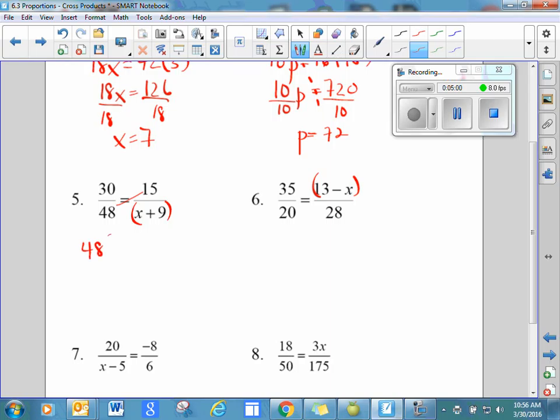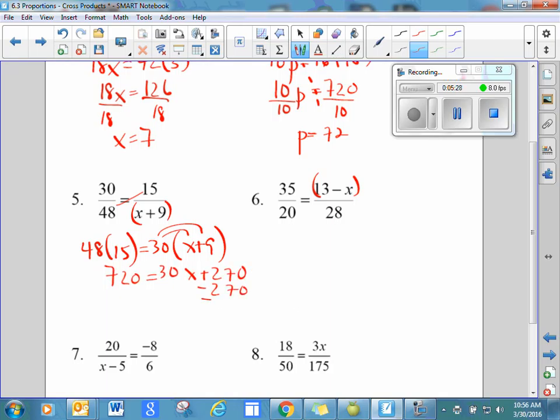So 48 times 15 is equal to 30 times parentheses x plus 9. And here's our distribution with our grouping symbol. So grab a calculator. 48 times 15 is 720. When we distribute the 30, we get 30x plus 270.